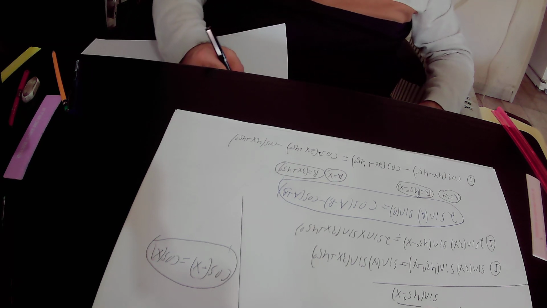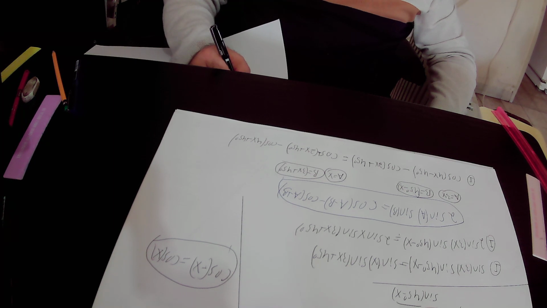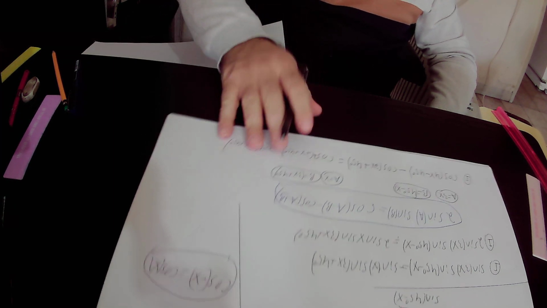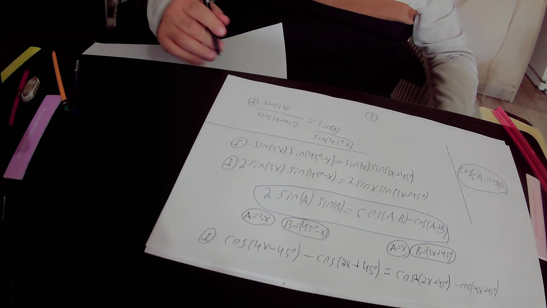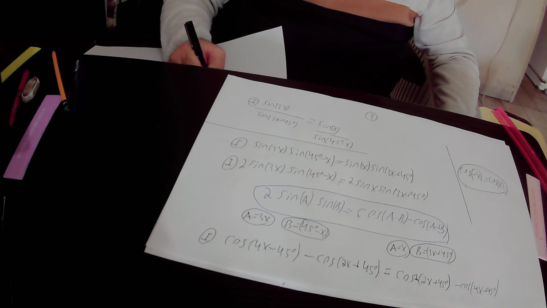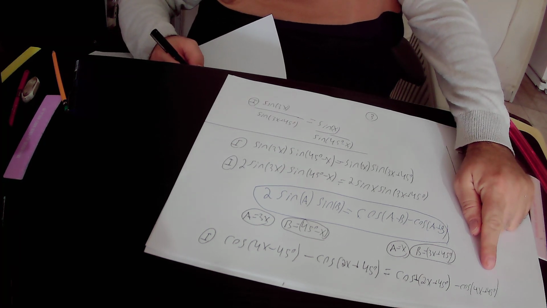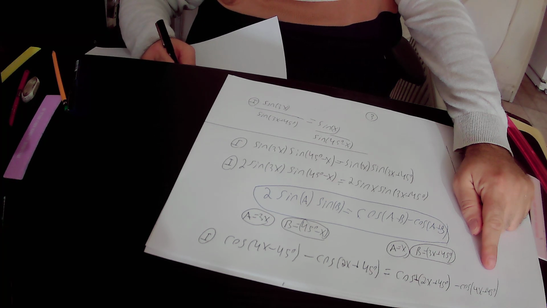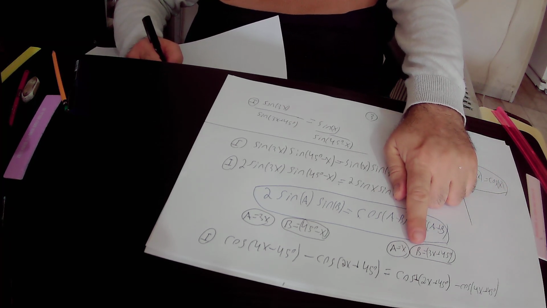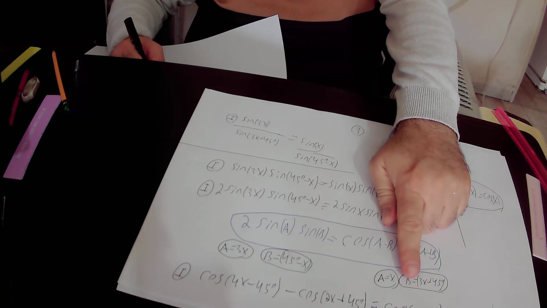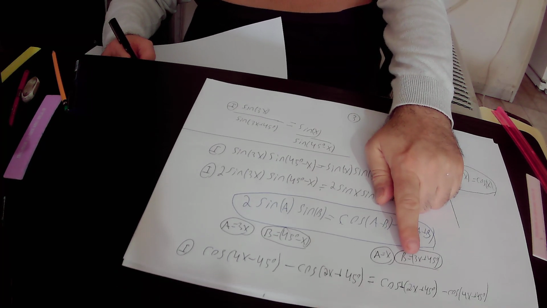And we will get that, according to equation number 1, cosine 4x minus 45 degrees plus cosine 4x plus 45 degrees equals 2 times cosine 2x plus 45 degrees.